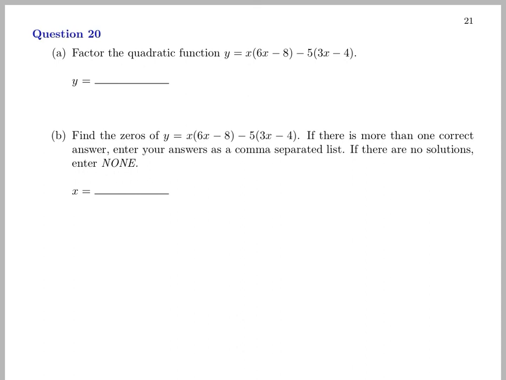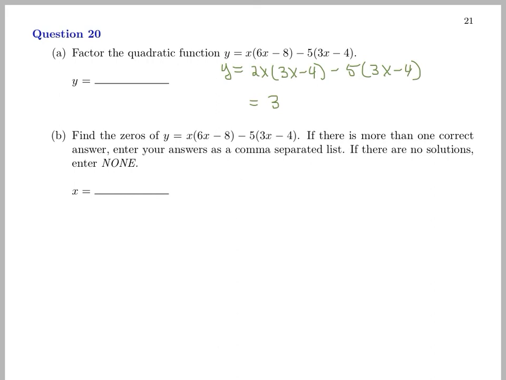All right, for this last question, we again want to factor, and we notice that there's a common factor of 2 that we can bring out of this first term. So we'll bring that out, and we have a 3x minus 4, and then 5 times 3x minus 4.